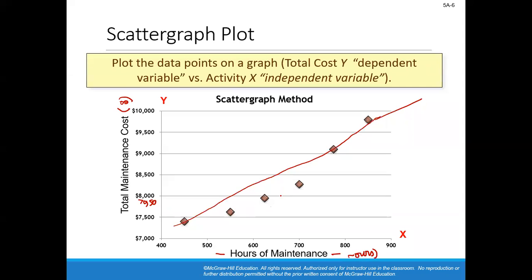Or are the dots very far from the line? What do you think? Are the dots very close to the straight line I have drawn, or are they very scattered and far from the straight line? Which comes first in your mind? Not very far, very close.